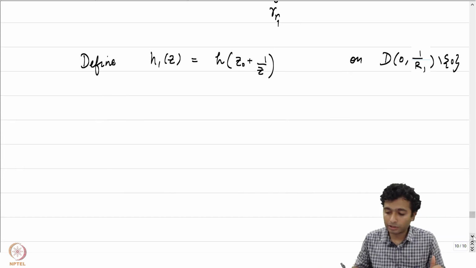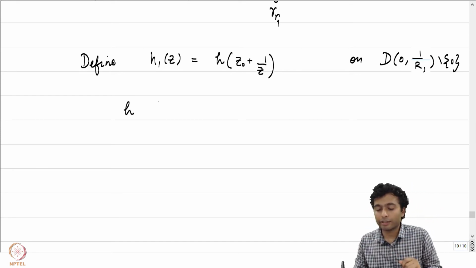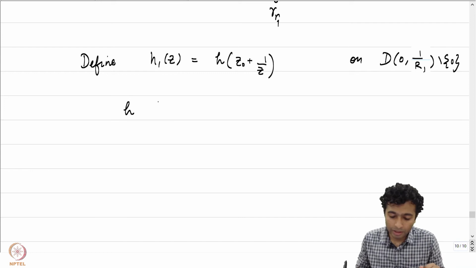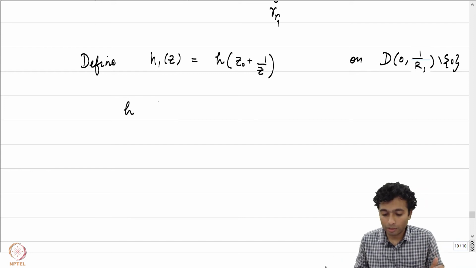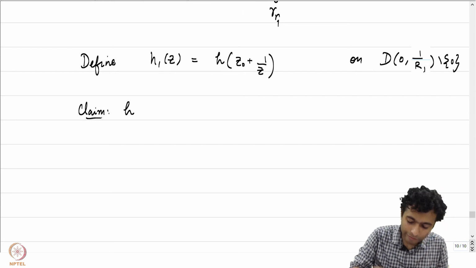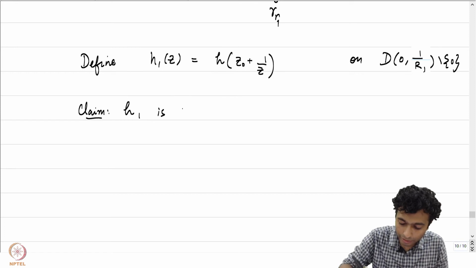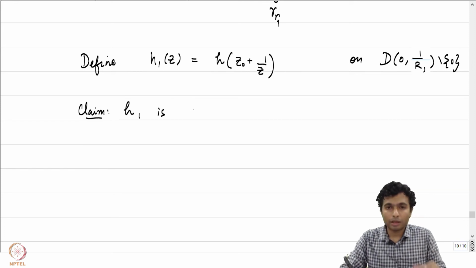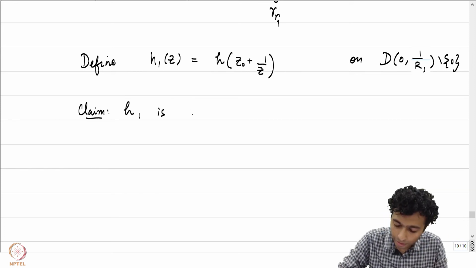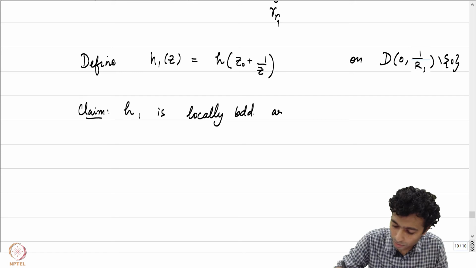And notice that h1 now has an isolated singularity at the point 0, at the origin. And what happens to this isolated singularity? My claim now is that our function h1, by the classification, is going to be locally bounded around 0, and so it is a removable singularity.